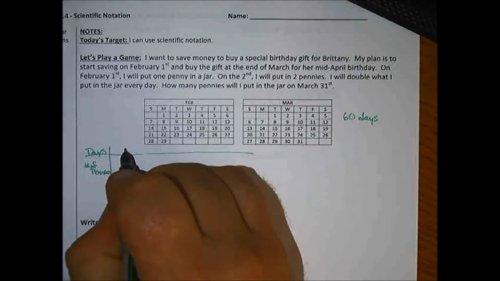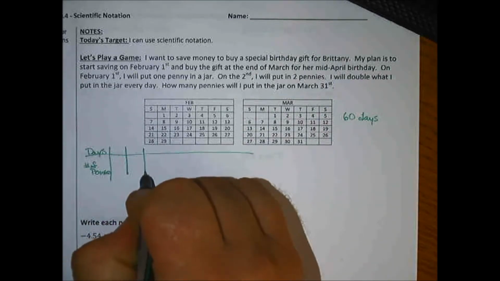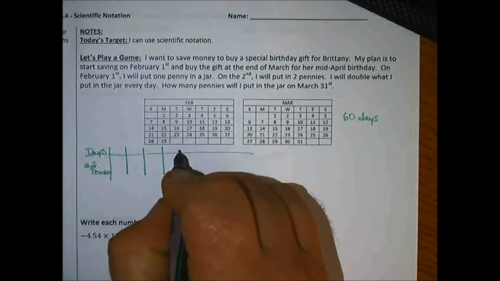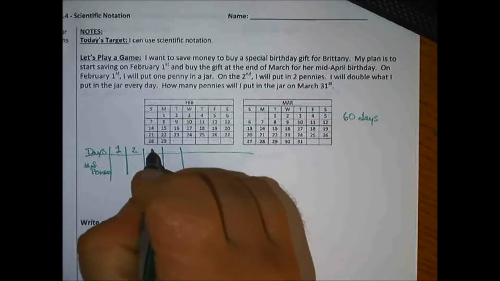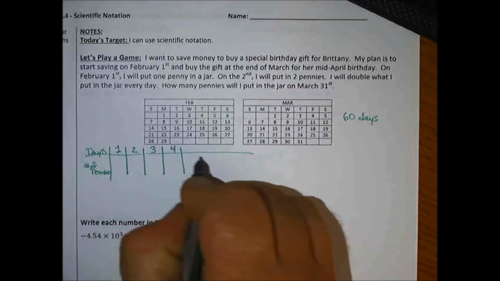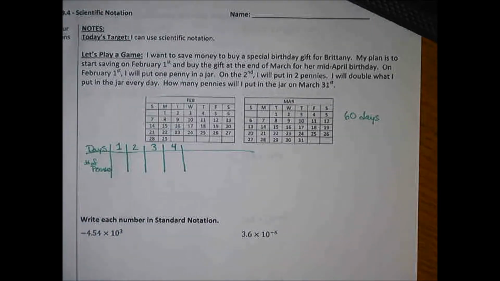Okay? I want you to make this as well. So we have day 1, day 2, day 3, day 4, and so on. Okay, and you can fill those in as you go.